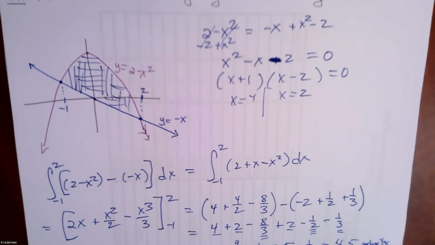So the first thing I want to do is draw a graph. And here we have a graph. So y equals t plus 3. That's just a very simple straight line. The y-intercept is 3, and the slope is positive 1. And this here is a very simple parabola. It's easy to draw.